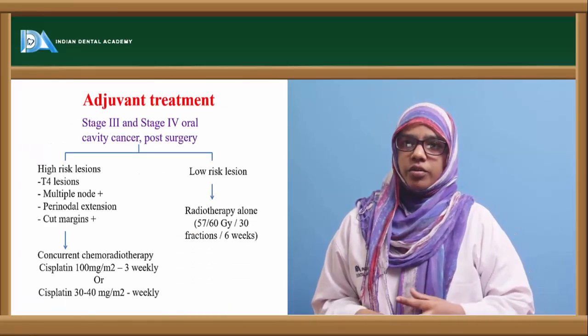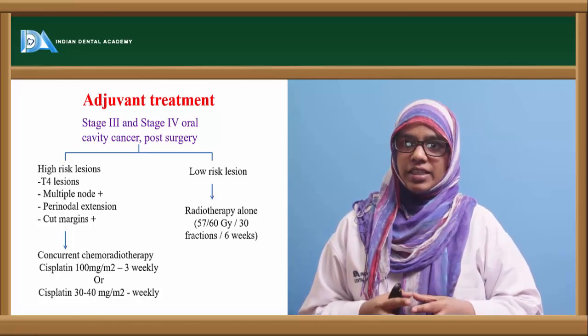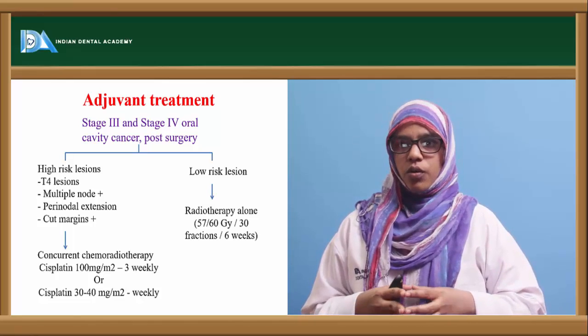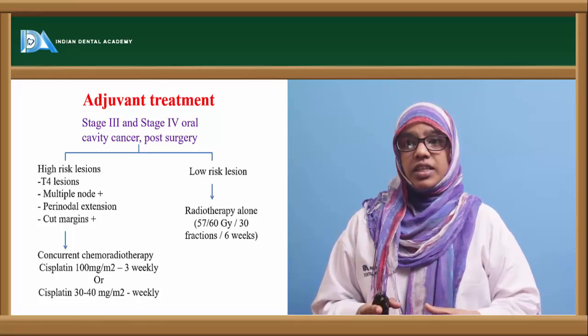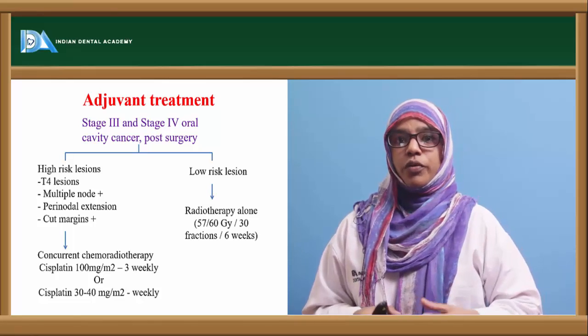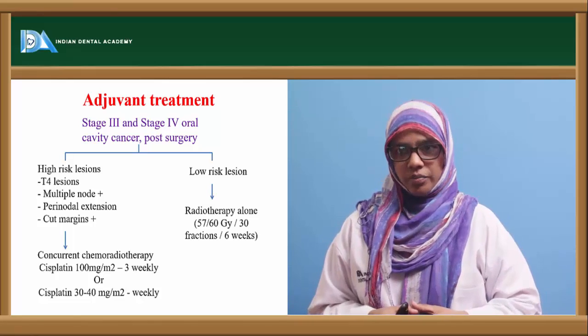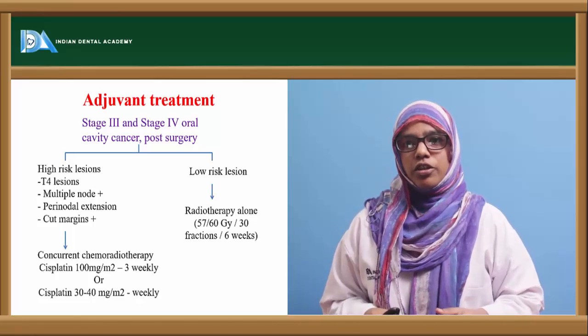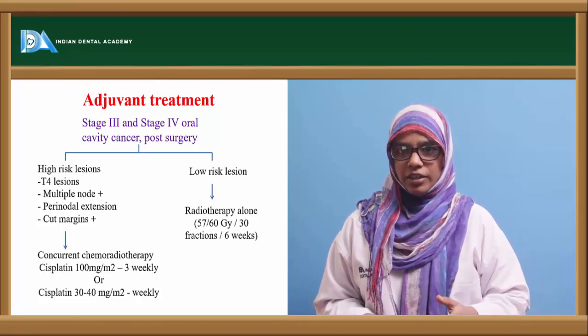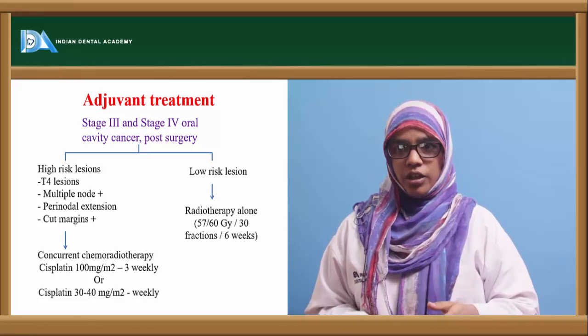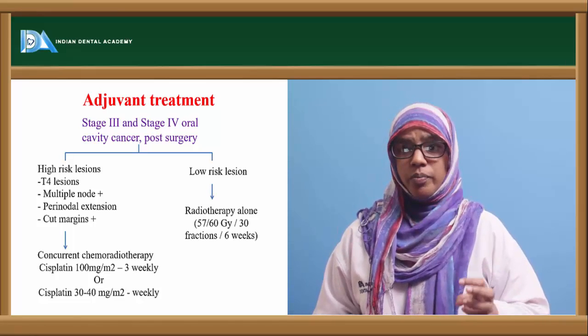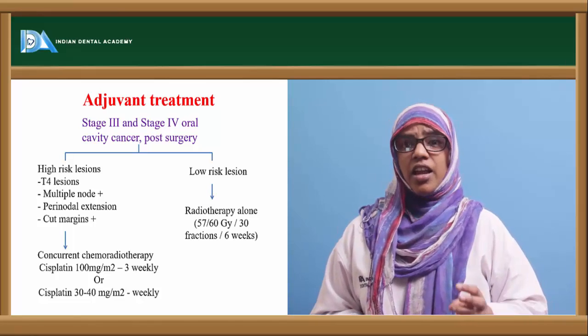Now, adjunct treatment is also required in stage 3 and stage 4 of oral cavity cancer. These adjuvant treatments are in the form of chemotherapy and radiation therapy. They are broadly divided into two categories. High risk lesions: these are T4 lesions, multiple nodes positive, perinodal extension present and positive cut margins.